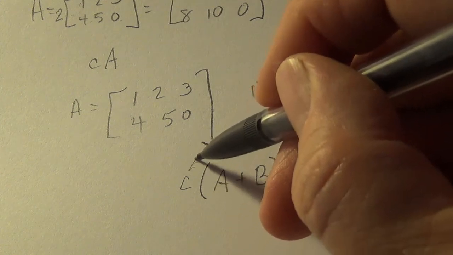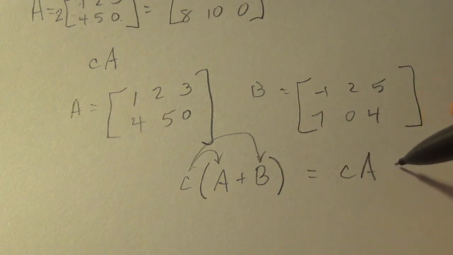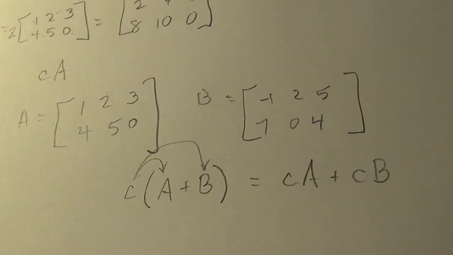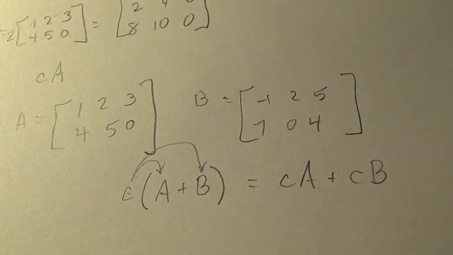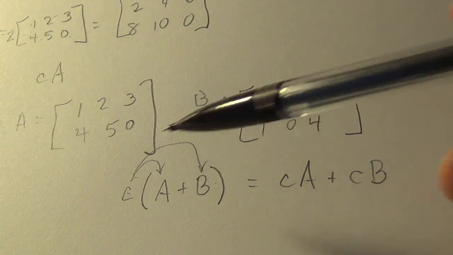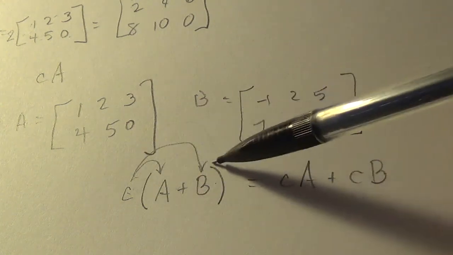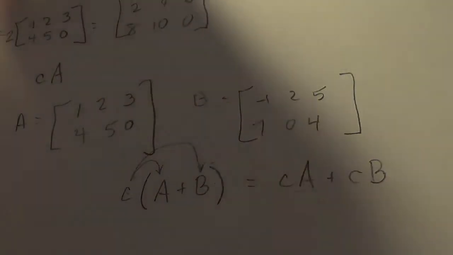So I can say c times A plus c times B. So there is a distributive property when you're dealing with a constant and two matrices. This result will match the same as if you add these two matrices first and multiply that sum by c. But here I am doing it this way, which comes in helpful sometimes.